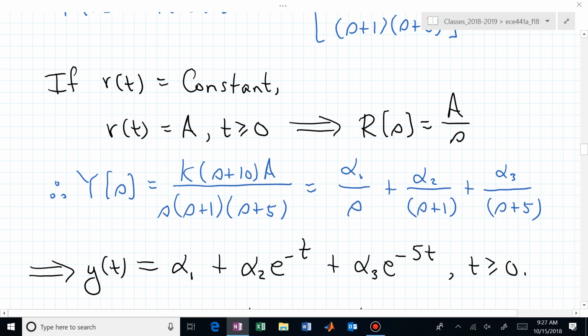Those are giving you your modes in your open loop response. That pole at -1, boom, there's a mode, e to the minus t. That pole at -5, boom, there's a mode at e to the minus 5t. And the constant that you kick the system with from the input, that gets scaled and adjusted to give you an alpha sub 1.